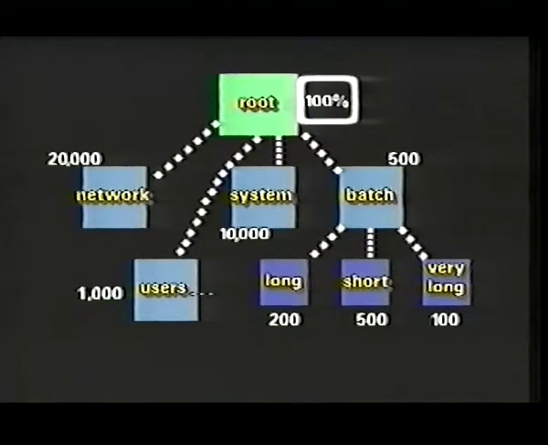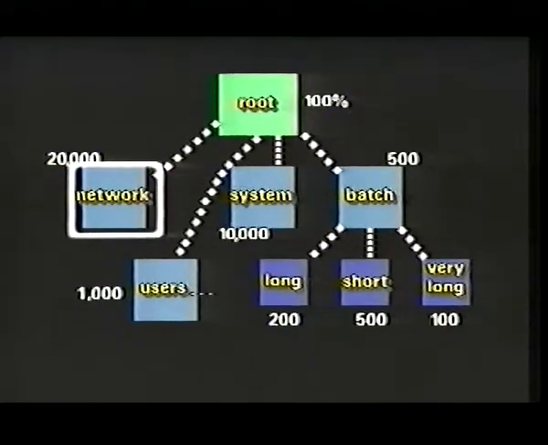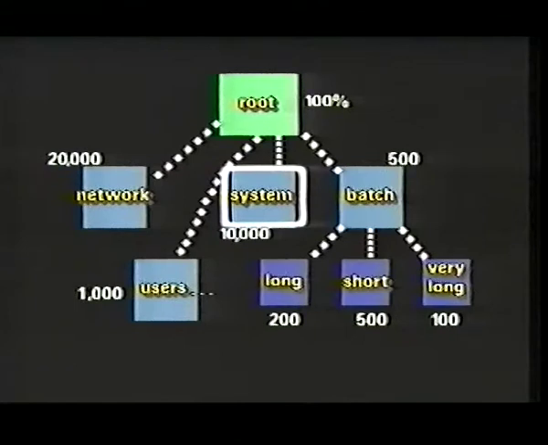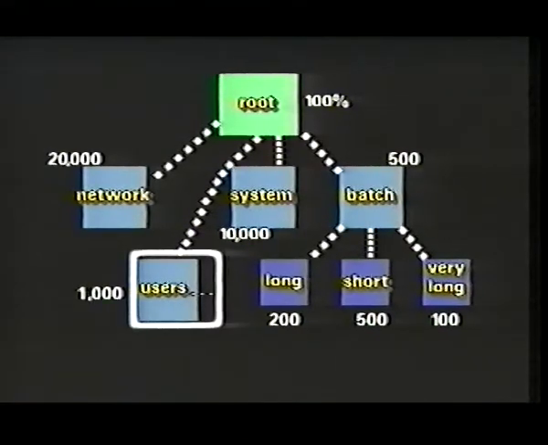Then we add 3 special share groups called network, I think we called this system, batch, and then everything that we had before, whatever the users were.